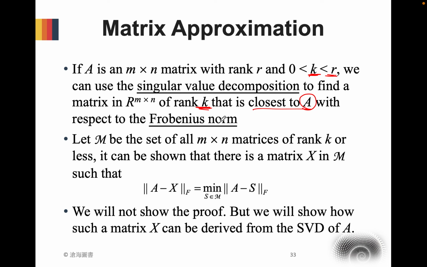Okay, so the idea is actually similar to the least squares solution, right? Remember that? When finding the least squares solution, assume this plane is the column space of a matrix.